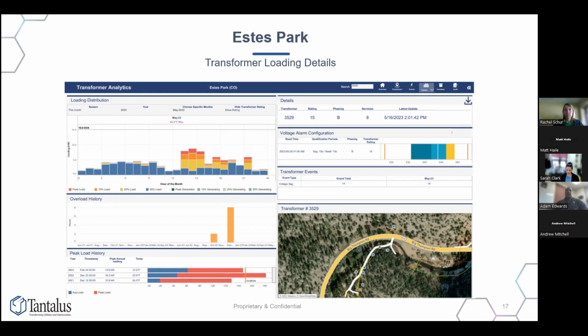With this, now I could go in and, if a service line off this transformer wants to upgrade, I can actually dive into that transformer and see if it does need to be upgraded, if it can handle that higher service load, and what the loads look like on that transformer.